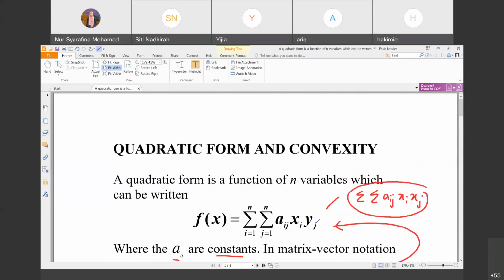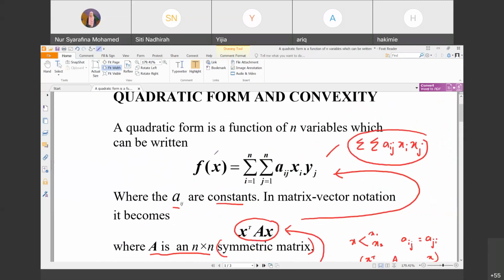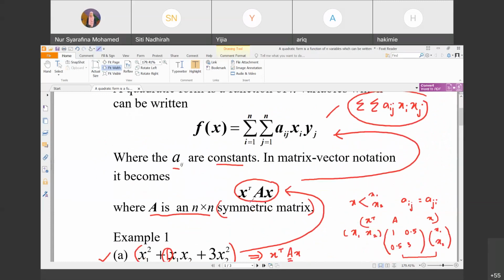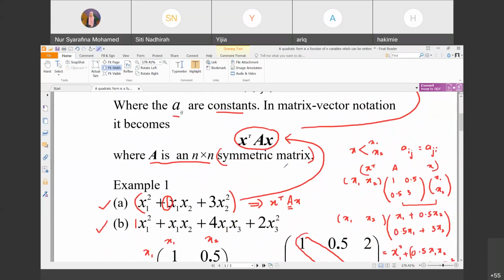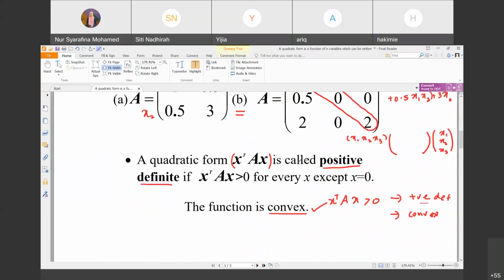Okay, again, first, this is the quadratic form in terms of a function. And then you know how to convert it to a matrix-vector form. Why do we need this matrix-vector notation? Because we want to identify its matrix, where this matrix A can define positive definite, semi-definite, or indefinite.